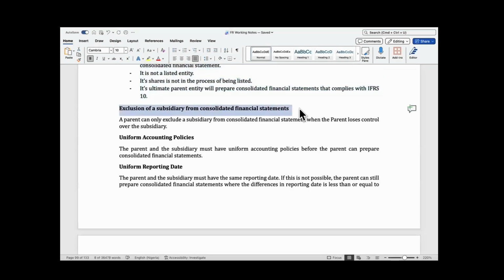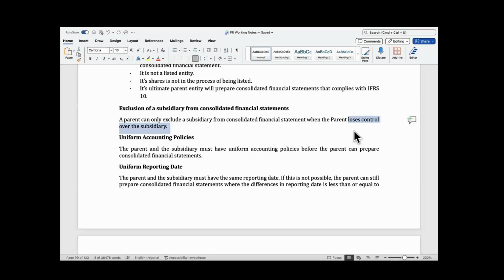Another one is exclusion of a subsidiary from consolidation. A parent cannot exclude a subsidiary from consolidated financial statements. You can only exclude when you lose control over that subsidiary. Before, people were using this for creative accounting.